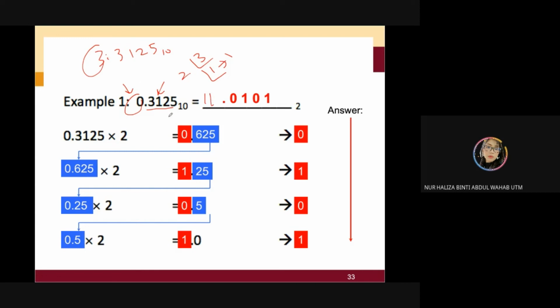And this part for repetition multiplication is just easy, but you need to take the answer after your fraction. The fraction only you will bring forward, and then you will multiply with the similar base, the one that you want to convert to.